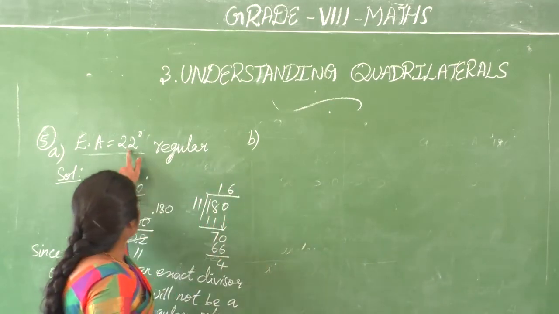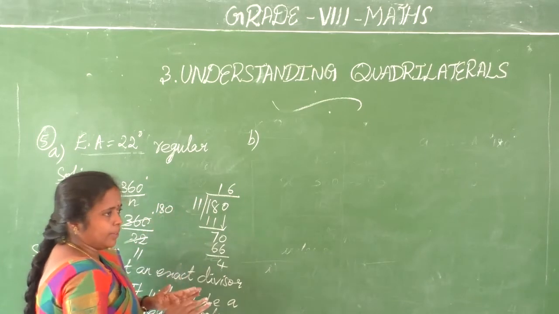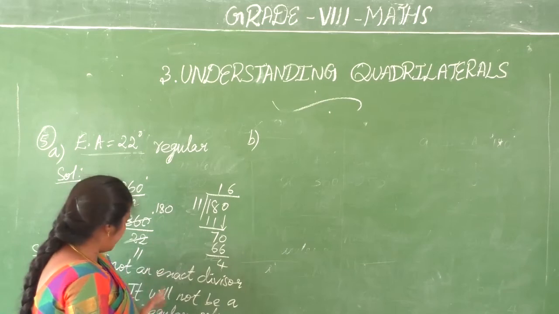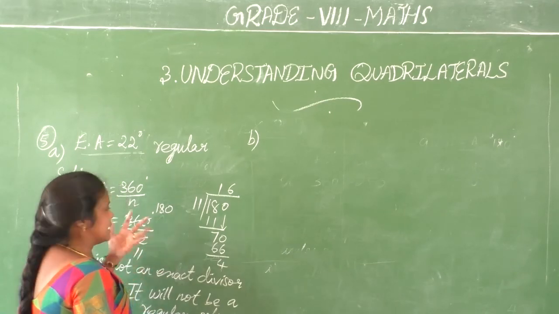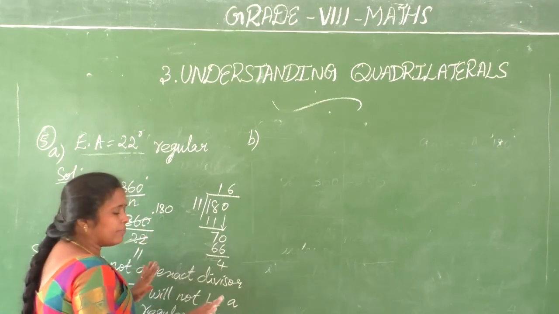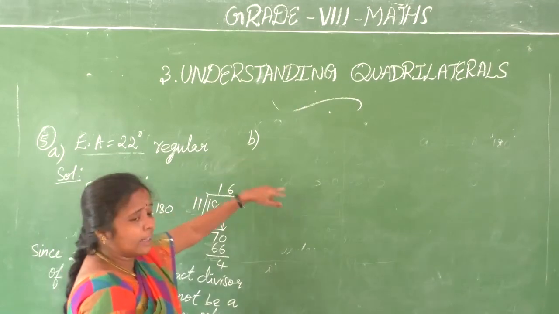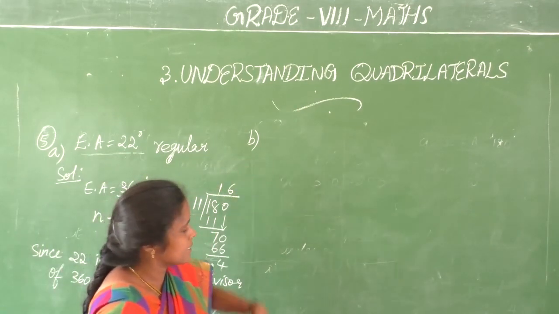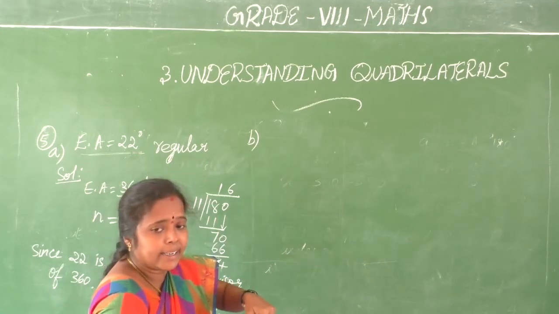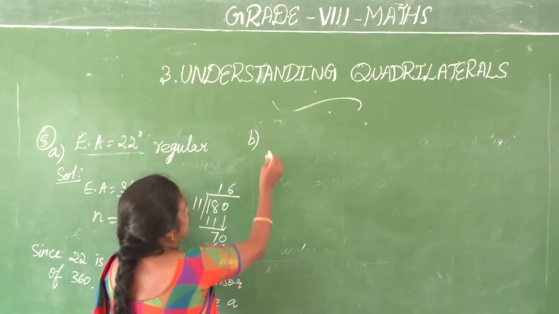If the angle is the exterior angle of the polygon, check whether the given polygon is regular or not. We proved it: 22 is not an exact divisor of 360 degree. Therefore, the given figure will not be regular. We finished. So they are asking again, suppose the angle is its interior angle, will it be regular? So we have to check.